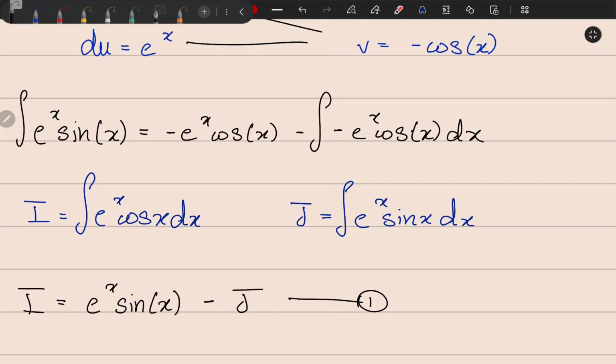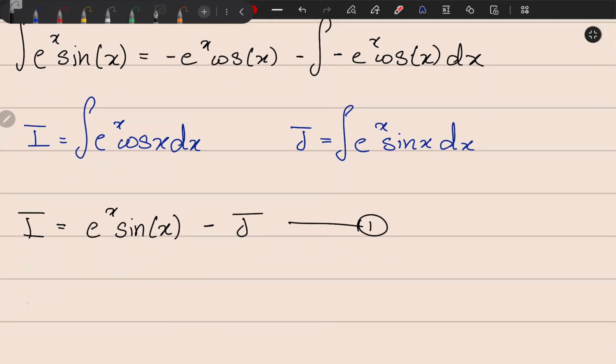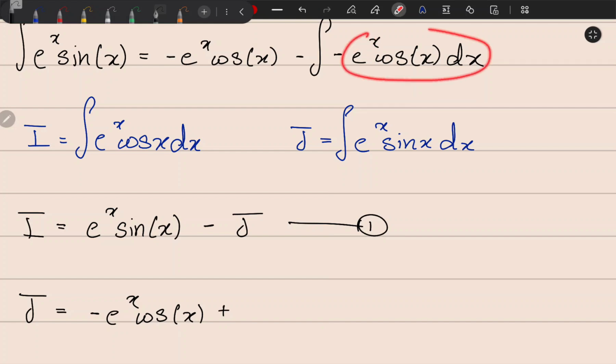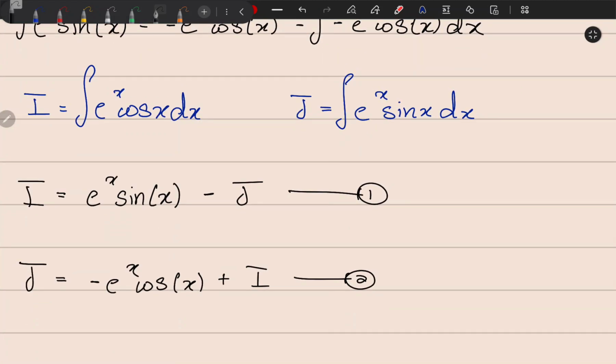Now let's write our second equation, which is the integral of e to the x sine x, which is J. J is equal to negative e to the x cosine of x. Let's write the bracket, and the minus minus becomes a plus. The integral of e to the x cos x, which is again I. So plus I. This is our second equation.